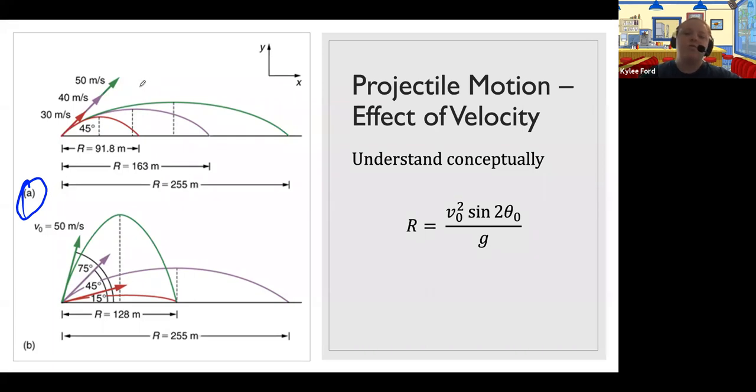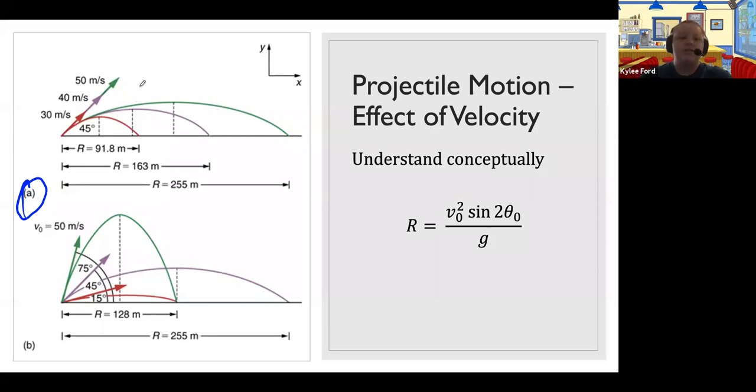So think about it this way. If you are going to kick a ball, and you only put a little bit of effort into it, so just a little bit of force, our starting velocity is going to be smaller, and the ball won't go very far, right? That makes sense. And if I put a lot of effort into it, if I kick really hard, therefore creating a larger starting speed of that ball, the ball is going to go farther, right?